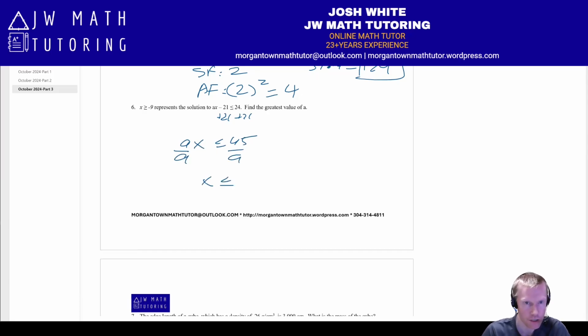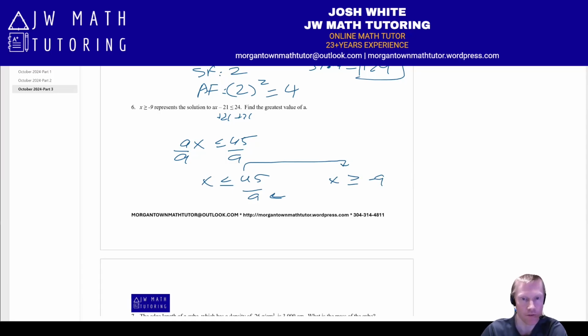So the solution to this inequality is x is less than or equal to 45 over a. But we also know that x is greater than or equal to negative 9 also represents the solution. So essentially you're figuring out the value of a to transform this into x is greater than or equal to negative 9.